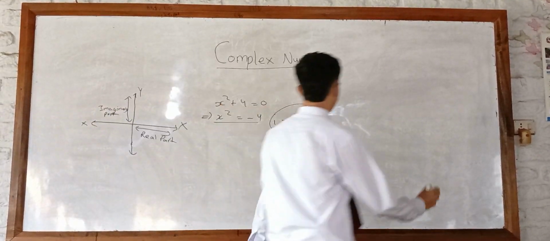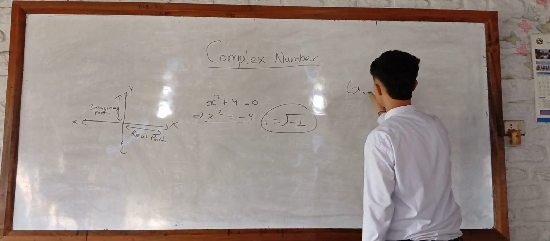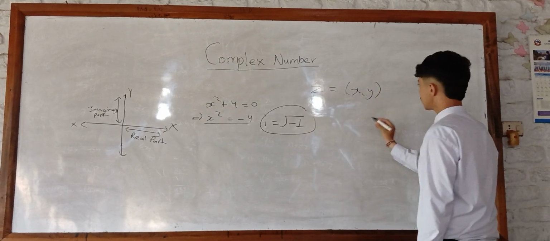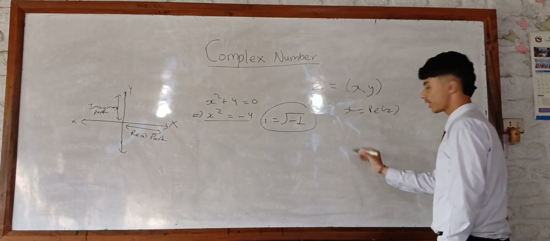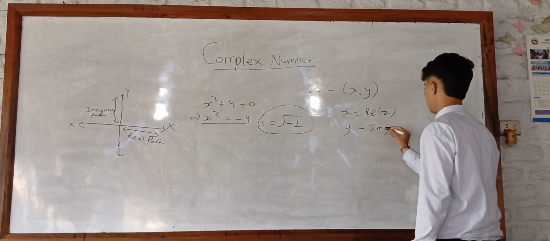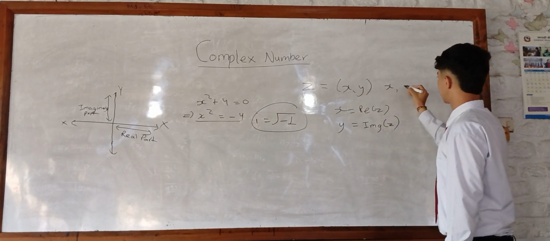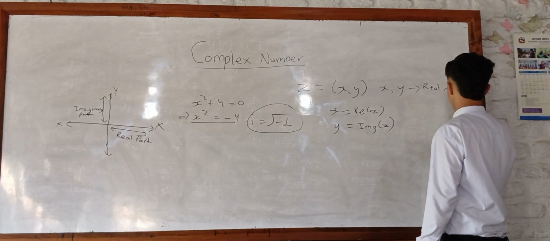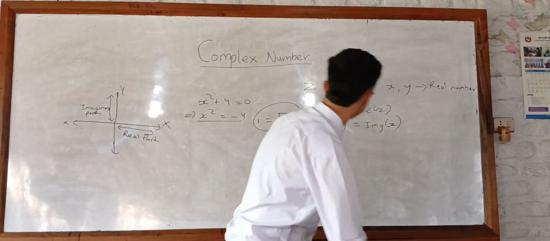And the complex number is basically an ordered pair of this, and it is denoted by, let's take, z. In this one, x is the real part, whereas y is the imaginary part. But this x and y are both real numbers. So the basic concept of complex numbers is this.